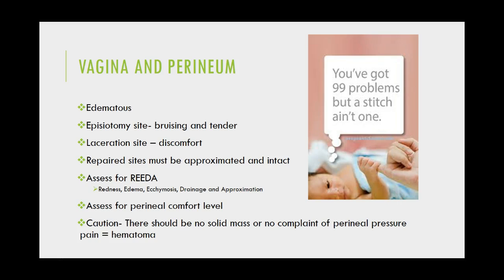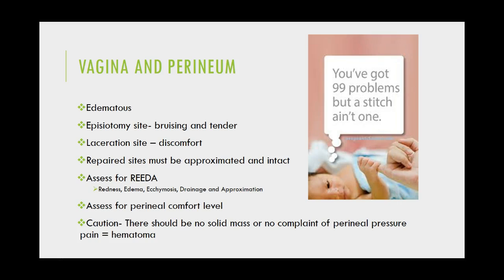If your mom begins to complain of a solid mass, or if you see a solid mass, or she begins to complain of perineal pressure and pain, it's a good indication that she may have a hematoma starting to form.